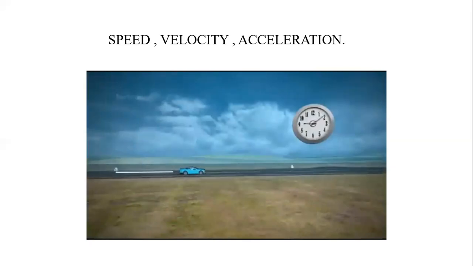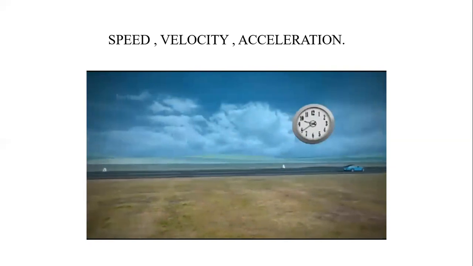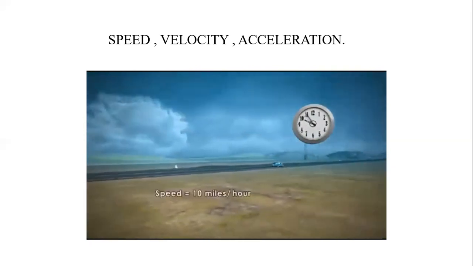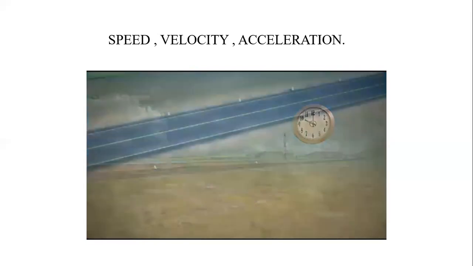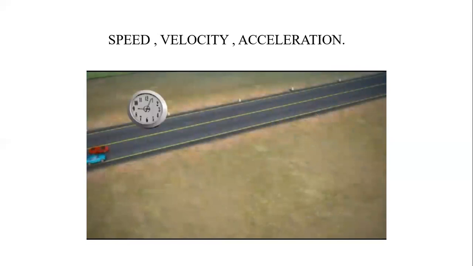Think about a moving car that is covering a distance of 5 miles in 30 minutes. We would say the car is moving at a speed of 10 miles per hour. A slow-moving object has a low speed, covering a smaller distance in a longer period of time. Imagine a second car that's moving faster, covering 20 miles in the same 30 minutes.